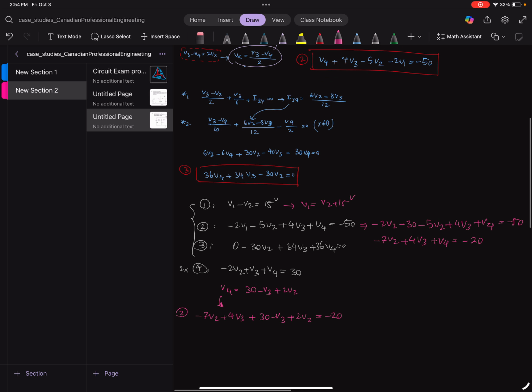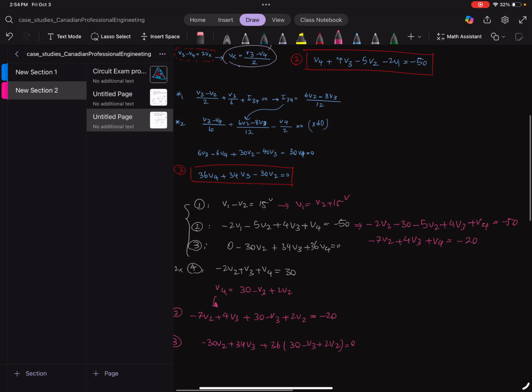Okay, and then equation 3 becomes minus 30 V2 plus 34 V3 plus 36 V4, which is 30 minus V3 plus 2V2, is 0. Okay, now the game continues.